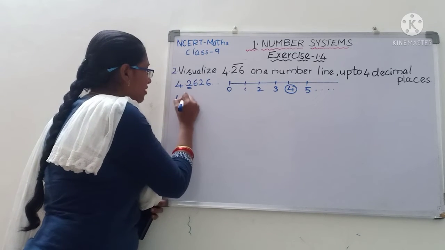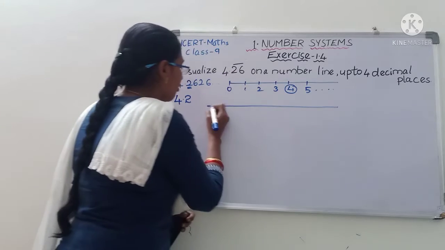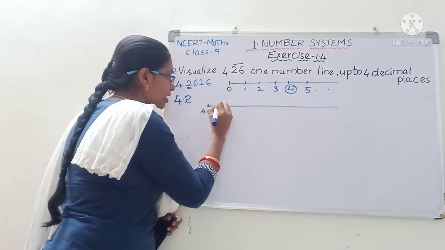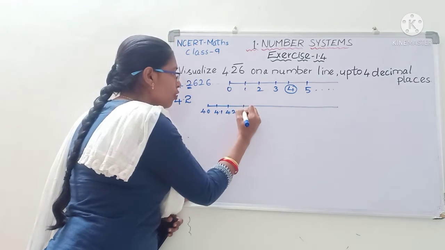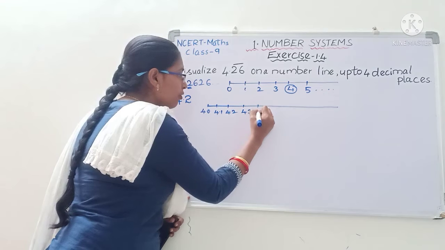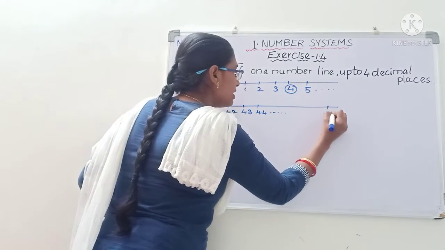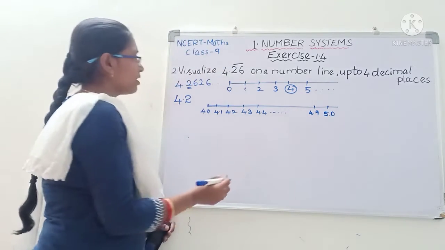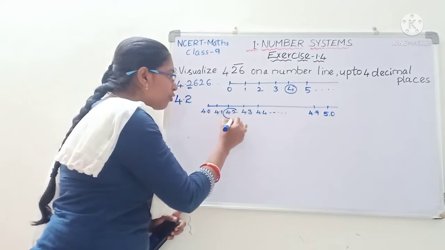So first represent 4.2. After 4, which is 4.0, you get 4.1, 4.2, 4.3, 4.4 and so on, 4.9, then you get 5.0. So in between 4 and 5, you are able to locate 4.2.